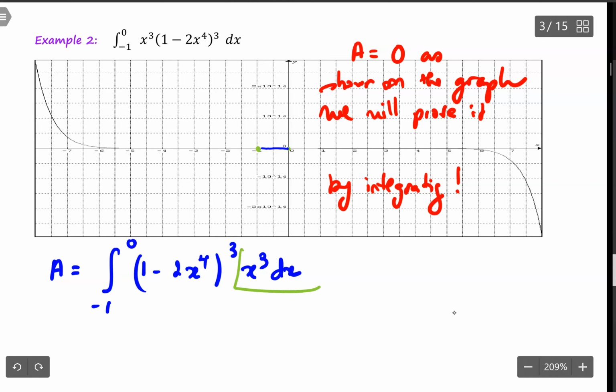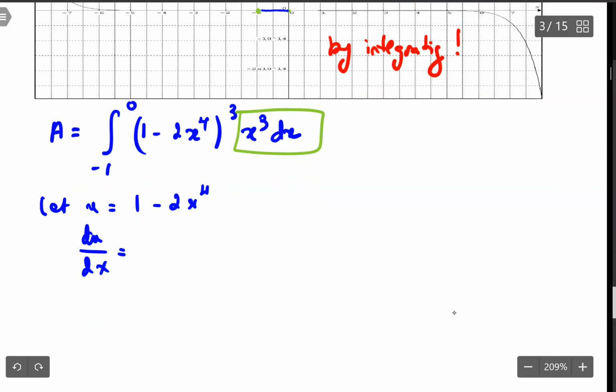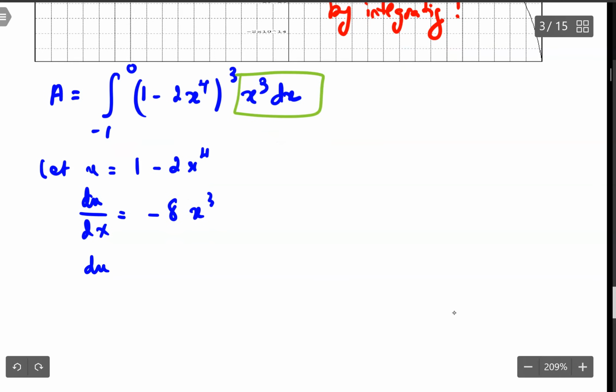So this part is the one that I need to match. I will let u equal to 1 minus 2x to the 4. So du over dx will give me -8x to the exponent 3. So I will divide both sides by -8, and multiply by dx to the other side of the equation.